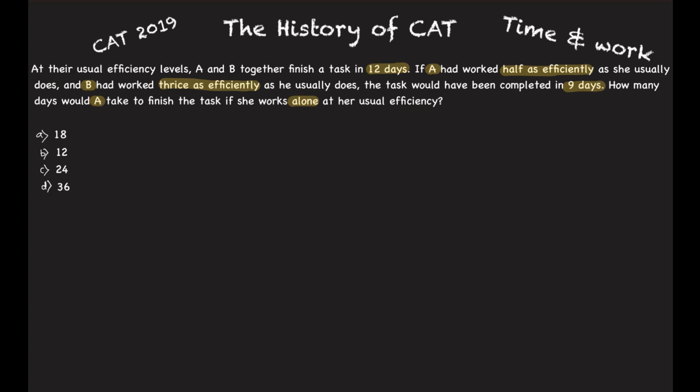I can ideally solve this problem in 30 to 45 seconds, but I'll take a good 5 to 6 minutes because I want you to visualize and understand how I am solving it. At their usual speed, A and B could do the task in 12 days. Let A complete the task in A days and B complete the same task in B days, working alone.